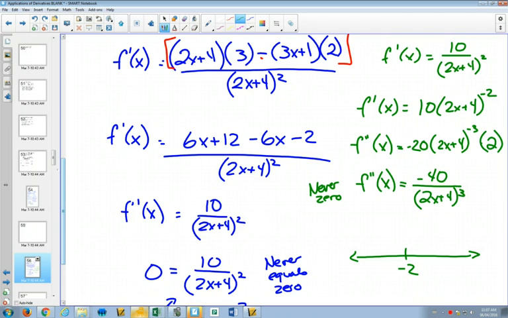If you plug a number in before -2, can you see that 2x plus 4 is going to be negative, and when it gets cubed, it's still going to be negative on the bottom, and a negative number divided by a negative number will be positive. However, any number after -2, the bottom will be positive. The top is still -40. This will be negative. This will be concave down.